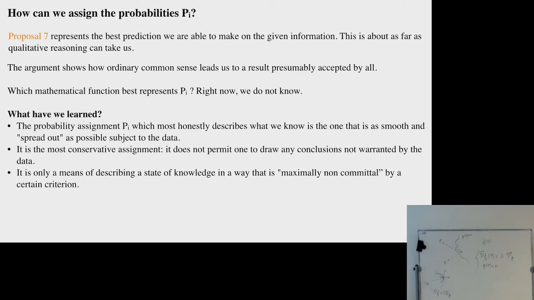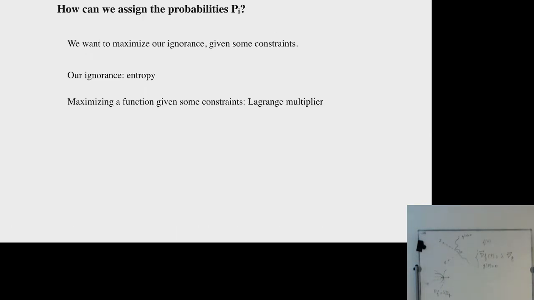So I can just use this set of equations, and I can solve for this. I'm going to do this for you now. Basically, we want to maximize our ignorance given some constraints. Ignorance and information, in English they don't mean the same, but when we deal with information theory, it is the same. Okay, what is the function that I want to maximize here?